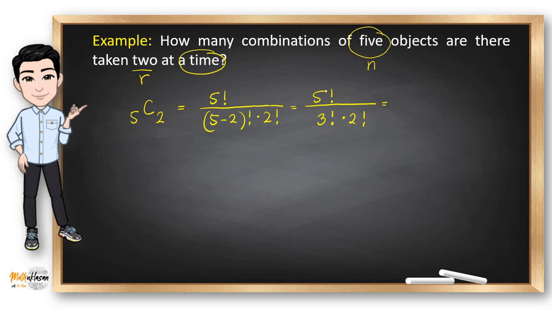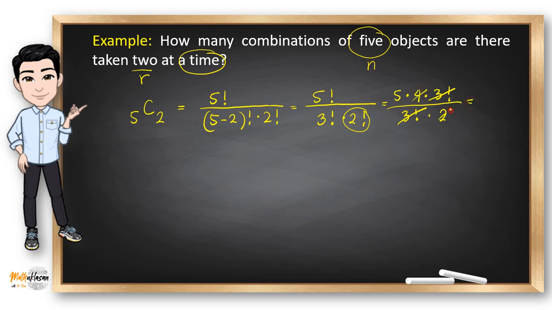So we can now change 5 factorial using the permutation, or rather the factorial rule. So we can rewrite this as 5 times 4 times 3 factorial. And then 2 factorial is just 2, while 3 factorial will be cancelled, right?